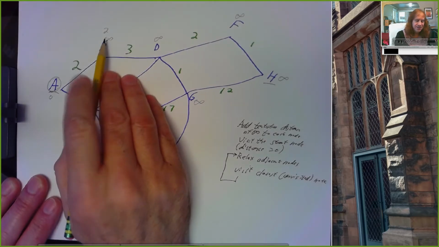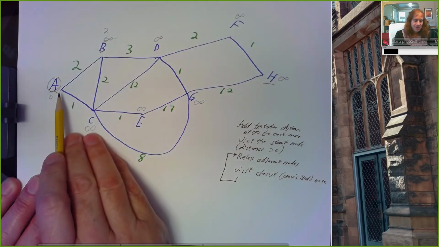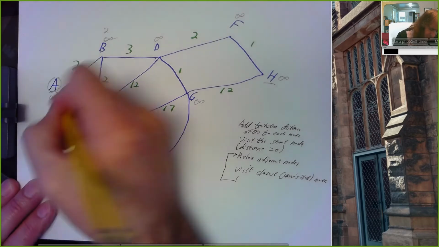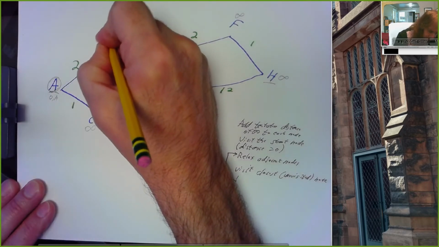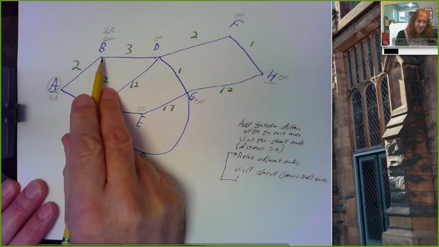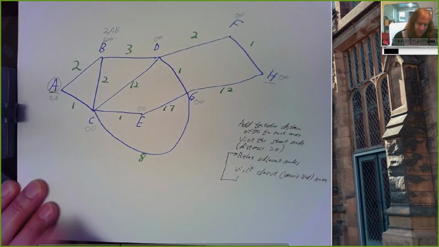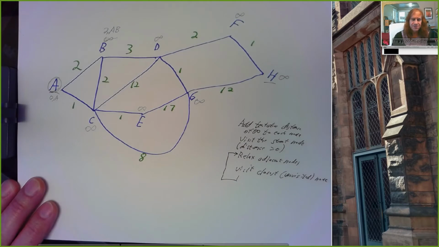How do I get here in a distance of 2? Well, use whatever path it takes you to get to node A, which is just, start at node A, and then tack on a visit to node B at the end. So this is a silly step for the first iteration.